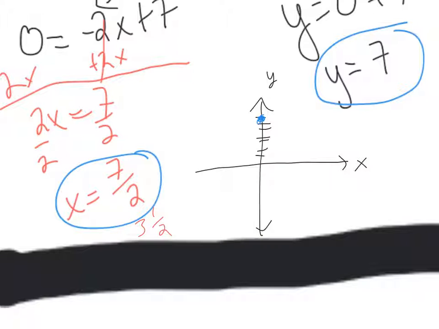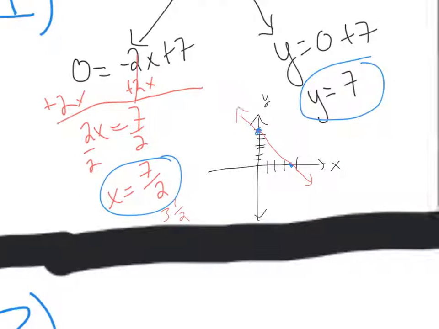So let's go ahead and count that out on the x-axis, 1, 2, 3, 4. So halfway there would be right in the middle between 3 and 4. You've got 2 points. You can make a line. Go ahead and connect your points. Oh, that was bad. Alright, and that is it. Put your little arrows on, and you've graphed your line.